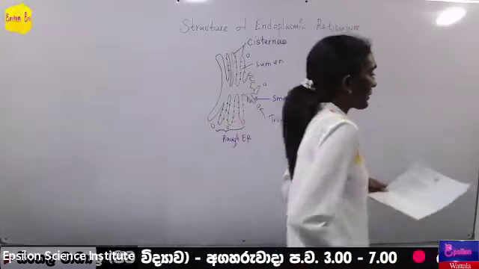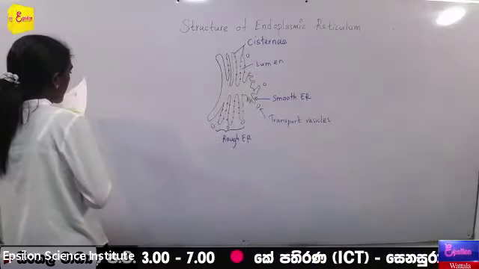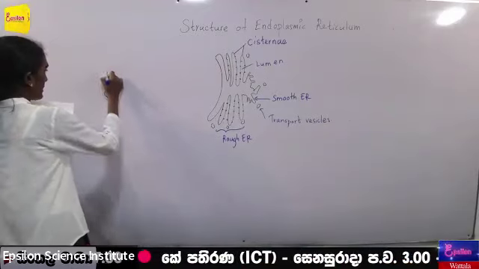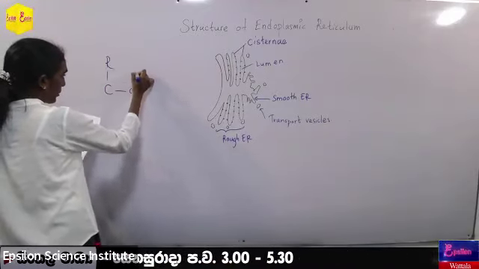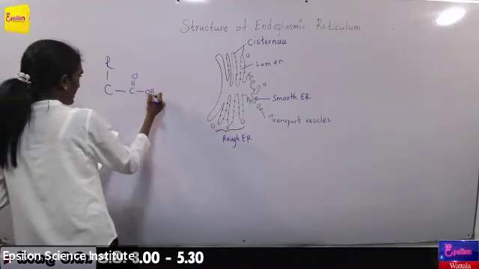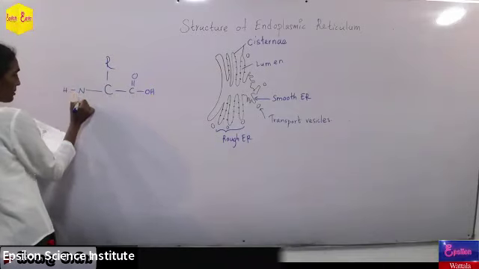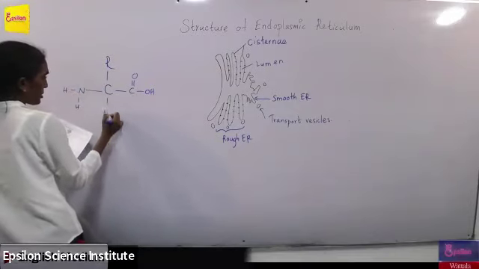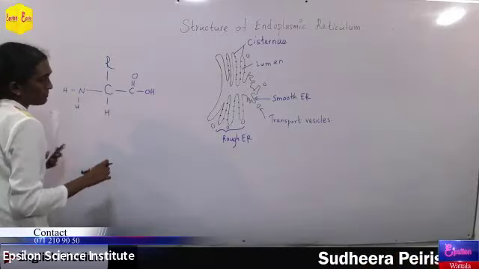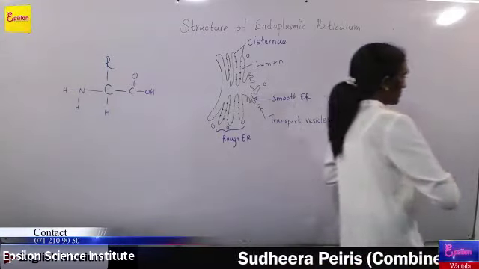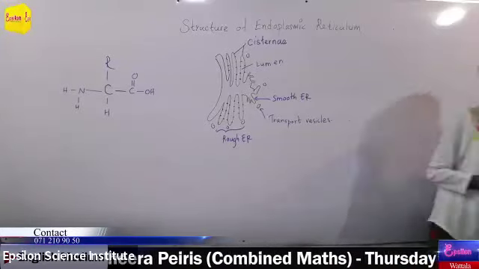Draw the structure of an amino acid. So I'm going to draw it and show you. C, R, C double bond O, OH. You can write it in the other way also. NH2 and H. You have to label also, what glycine is asked.